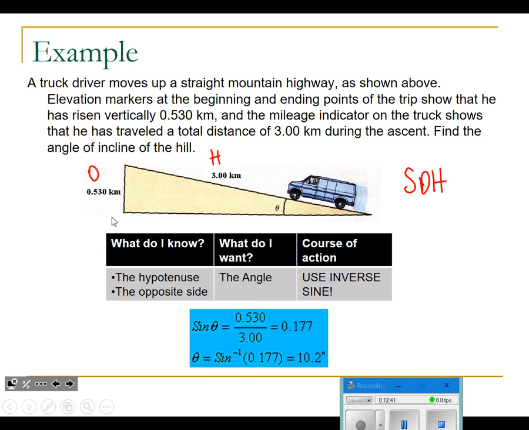The key thing to remember here is that these units have to match also. So to find the angle, we would divide by sine, and when you divide by sine, it really is sine to the -1 power of this ratio, and so you end up with 10.2 degrees. Again, if there's more than one digit after the decimal, I want you to give me 2.